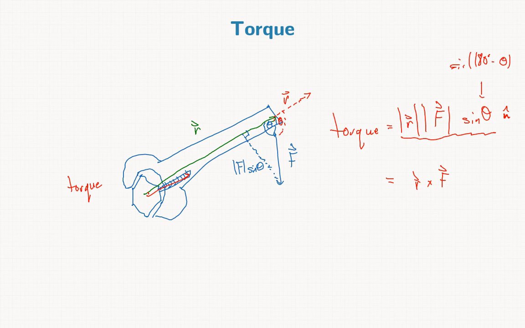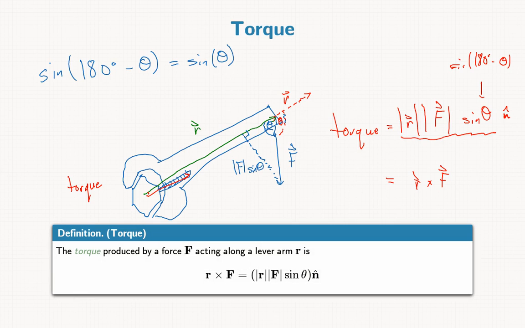But that's okay, because for any angle, sine of 180 degrees minus theta is sine of theta. So we can interpret theta either as this angle here or this angle here, and it doesn't affect the formula.